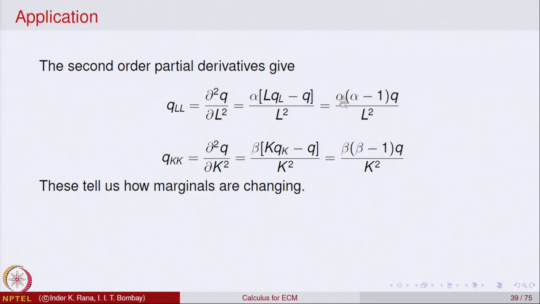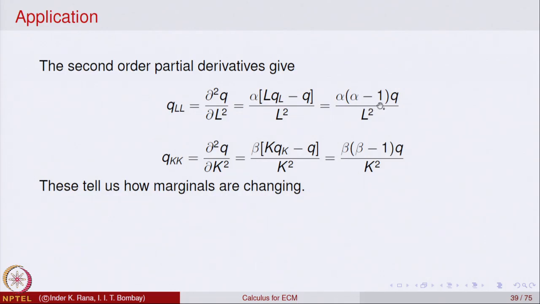So, these will tell us how the marginals change, what kind of functions the marginals are. Keep in mind that alpha and beta are positive and Q and L are positive.